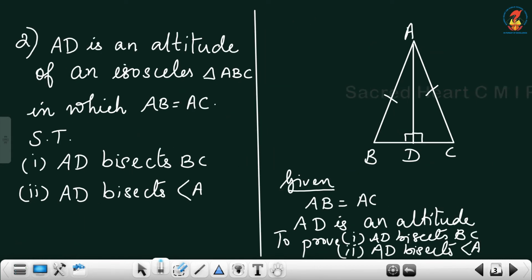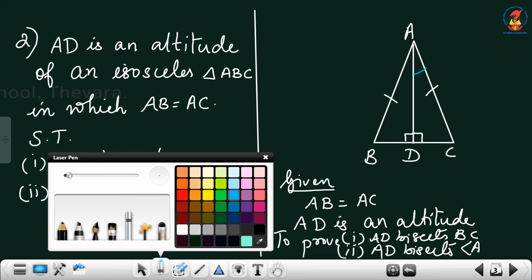Then second question, AD is an altitude of an isosceles triangle ABC in which AB is equal to AC. We have to prove AD bisects BC. AD bisects BC means BD is equal to CD, and AD bisects angle A means these two angles are equal. So, we can start.